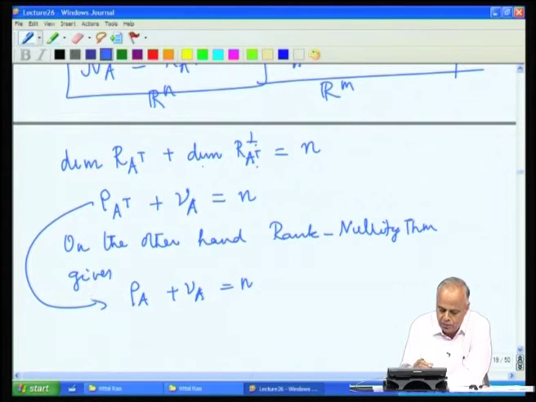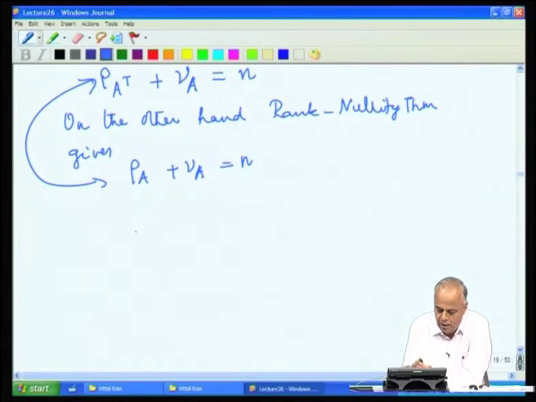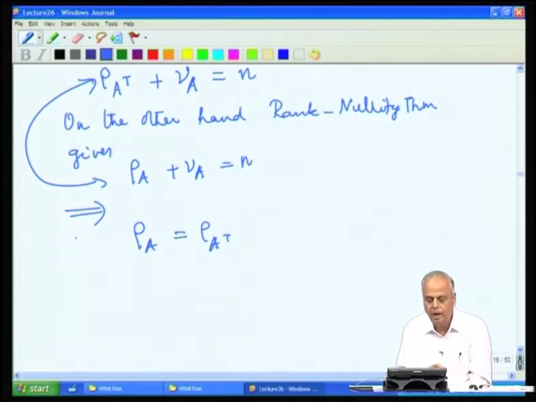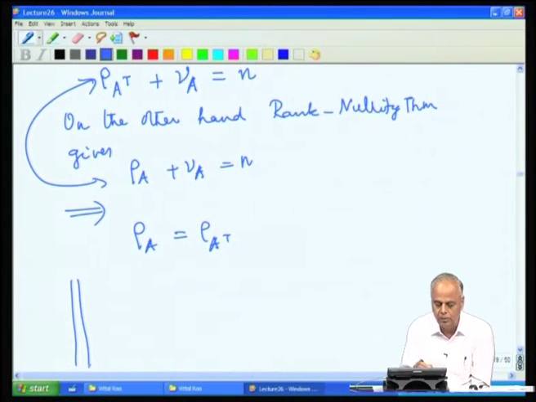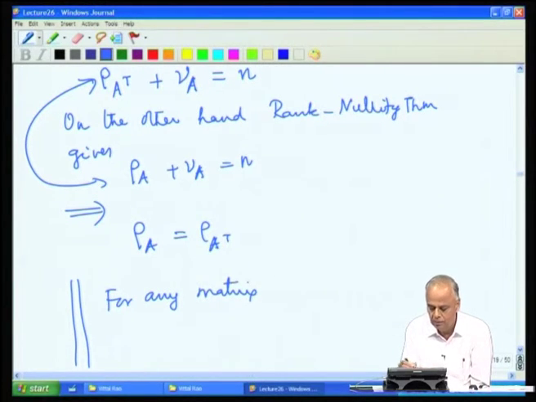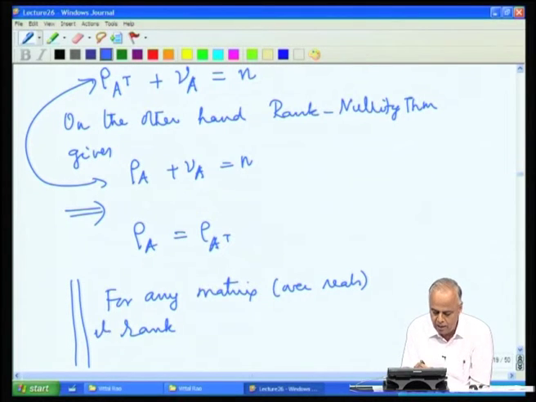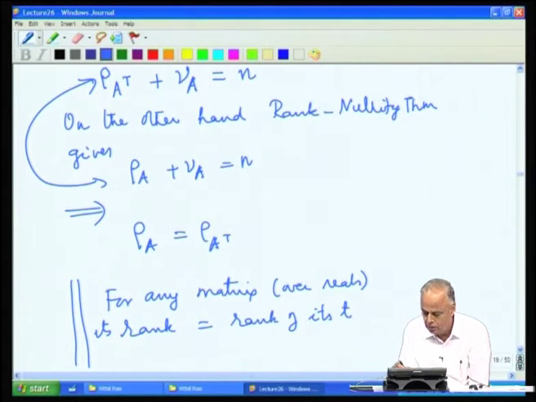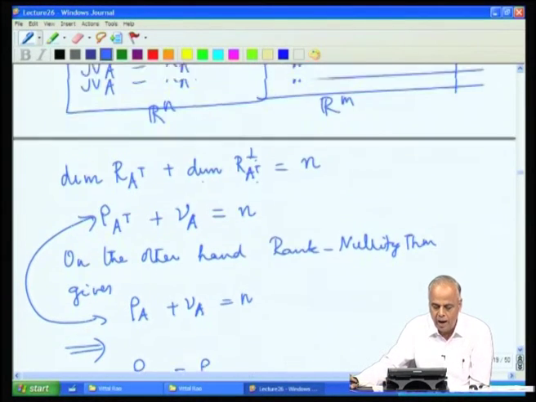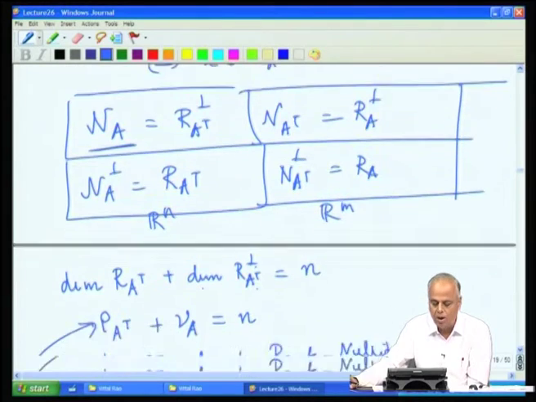Now, compare these two, we get rank of A is equal to rank of A transpose, and therefore we have an important conclusion that for any matrix over the real numbers, its rank is equal to the rank of its transpose. So, the matrix and its transpose have the same rank, and secondly the spaces are all orthogonal to each other.